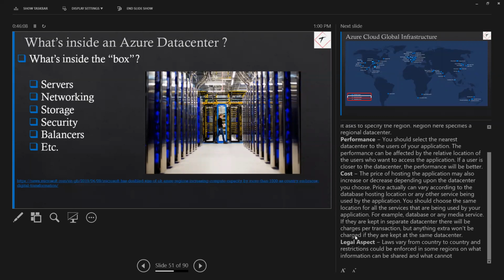The cost of choosing the data center depends on where it is placed. The prices will vary based on the hosting location and the services used by the application. And you will also have to look at the legal aspects. If there is some data which is required to stay within certain geographical restrictions, this is also something you need to consider while setting up the data center.